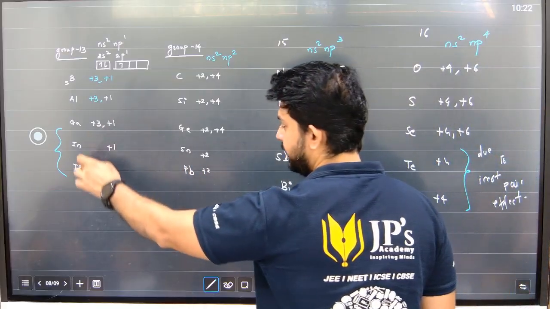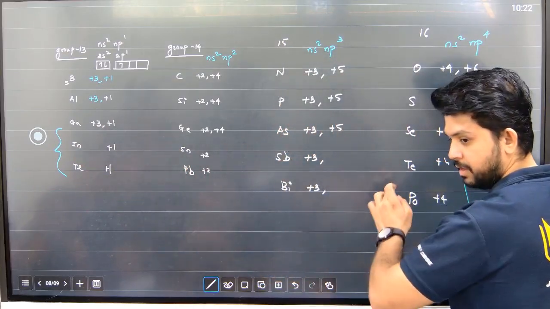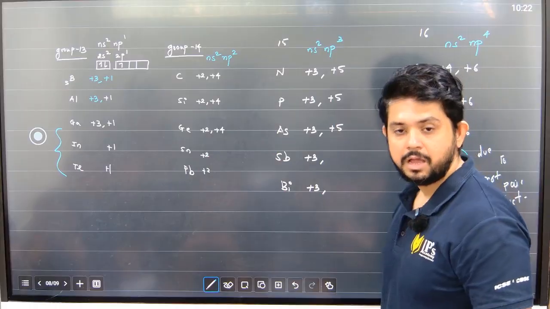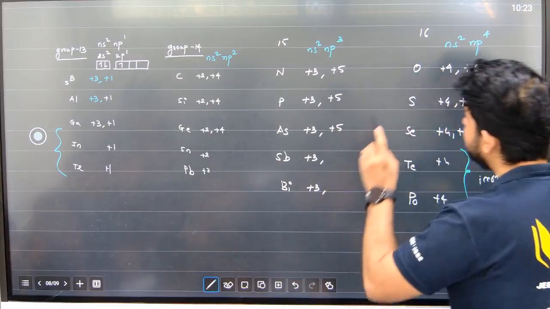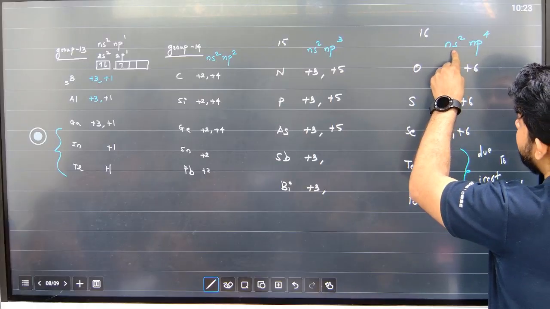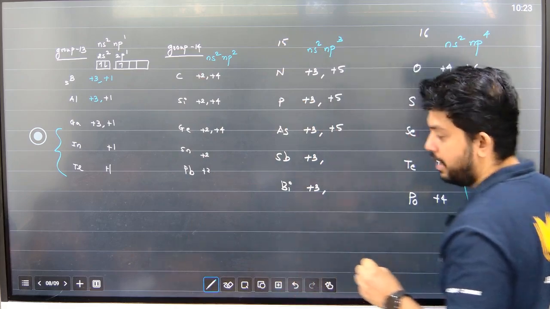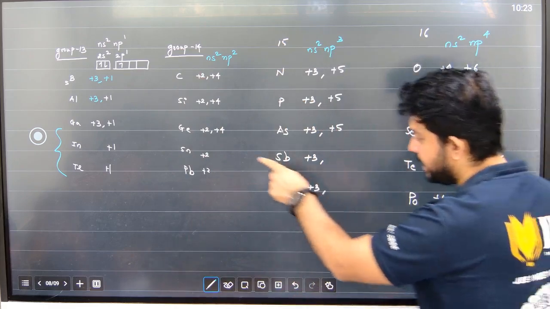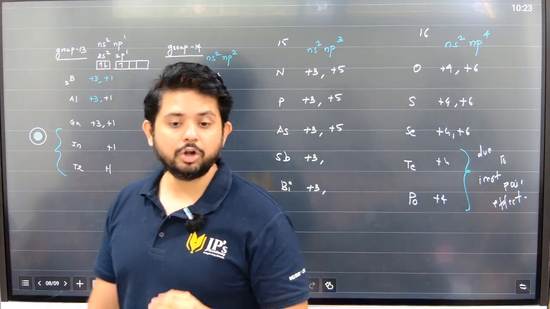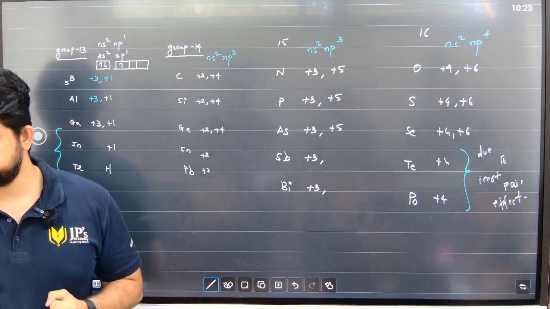इन सब में d और f में electrons आ गए. Very poor shielding. Because of poor shielding, the electrons in the ns orbital, इनके ns orbital के electrons are not available for sharing.